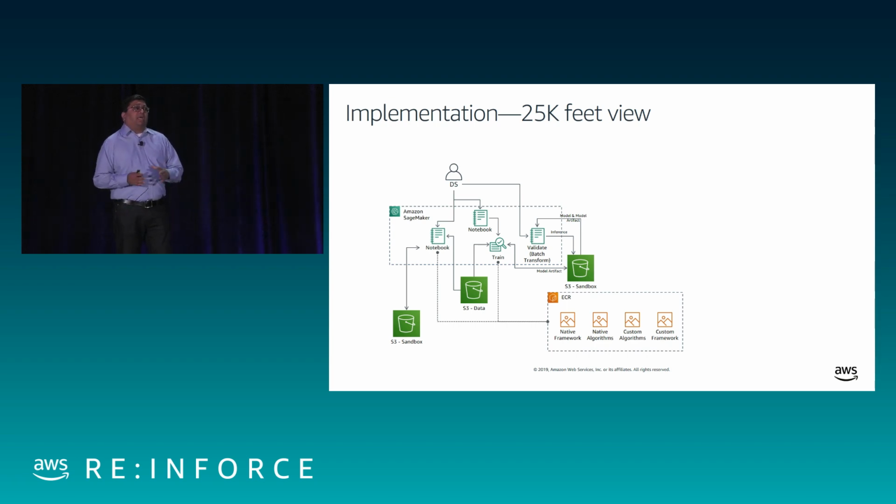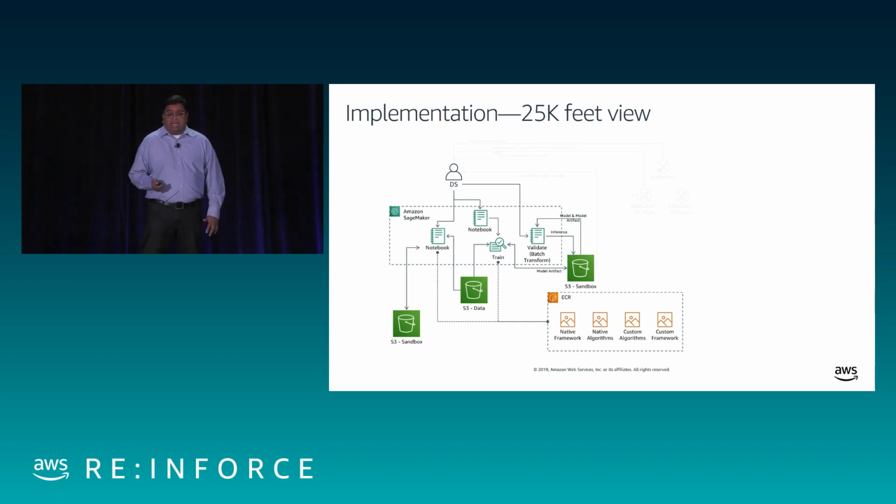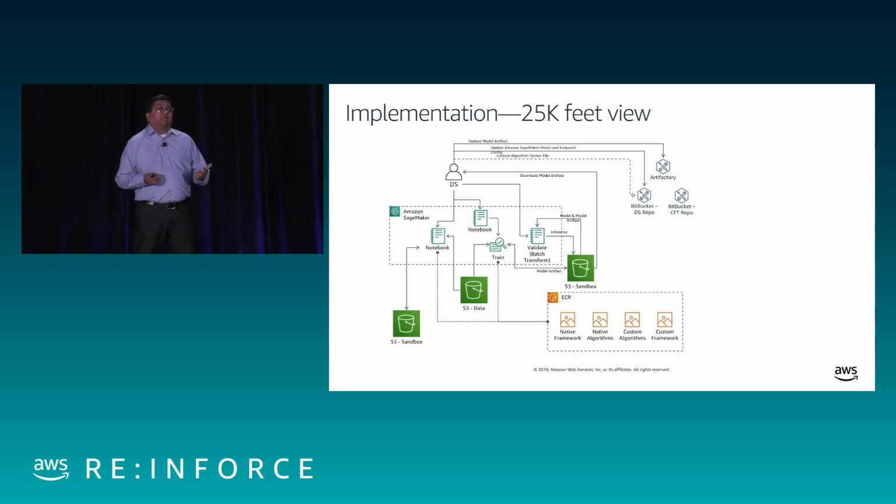At this point, their development lifecycle ends, and then the data scientist takes various artifacts from the validation phase and uploads them to code repositories like Artifactory and Bitbucket. And at times, if they bring in a custom algorithm, he or she would upload a Docker image file into a code repository.